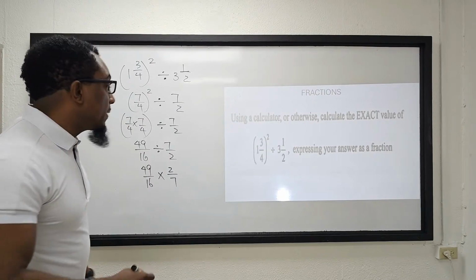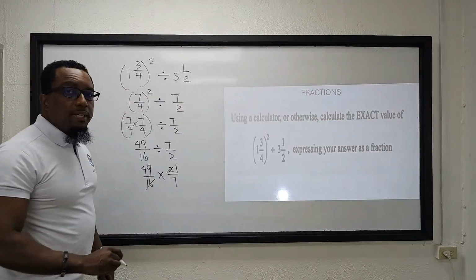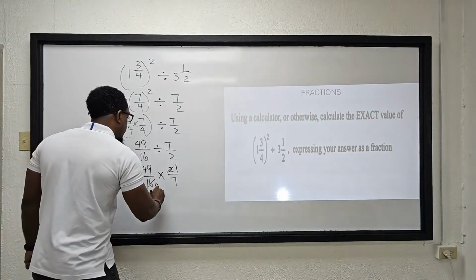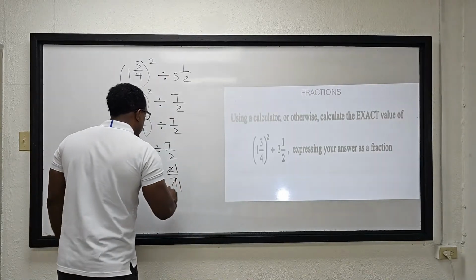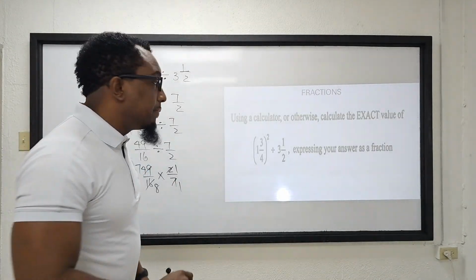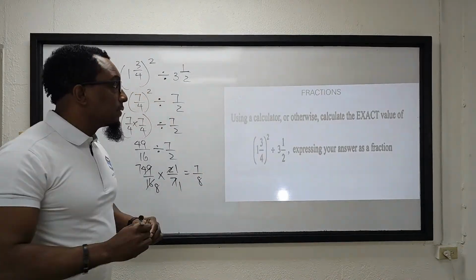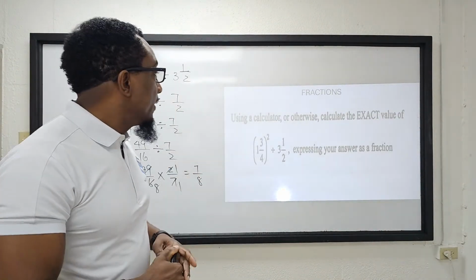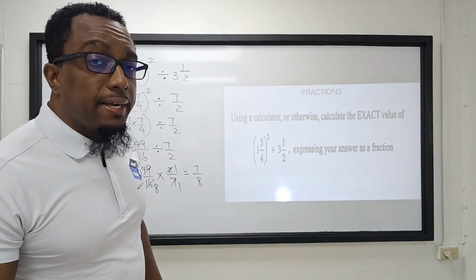We are multiplying, so I can say 2 into 2 is 1, 2 into 16 is 8. I can say 7 into 7 is 1, 7 into 49 is 7. So our result here will be 7 all over 8. So ensuring that we can apply the relevant steps to help us with our fractions.